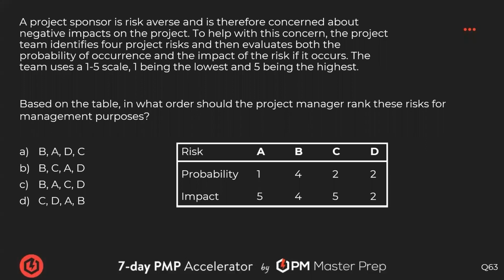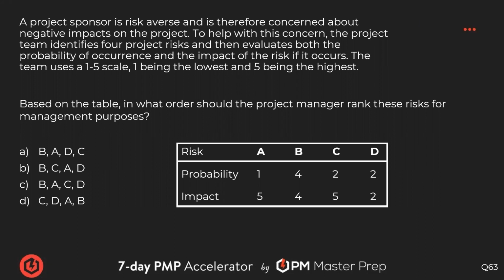So I need to look at this little table here and do some analysis. Just back of the envelope, how are we going to do this? Probability and impact. Let me break it down a little bit.